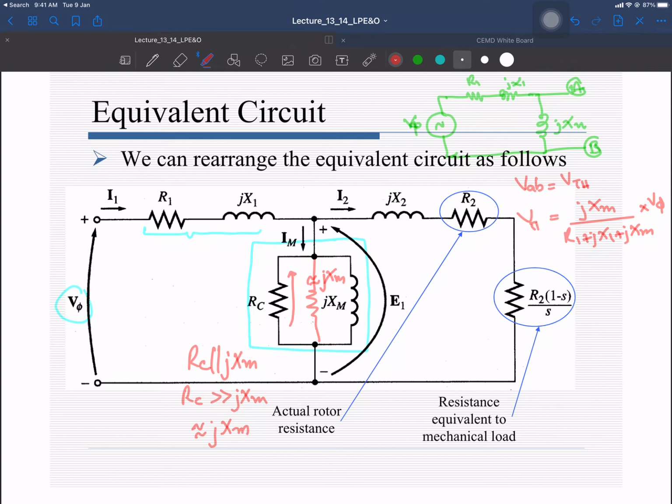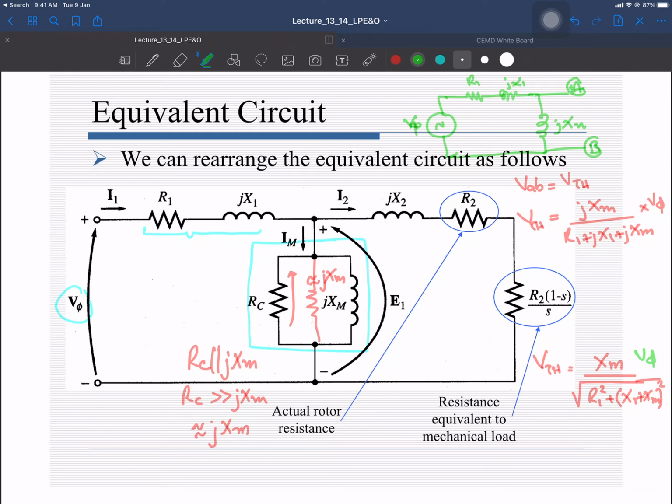In magnitude form I can write it like this: V Thevenin is equal to the magnitude of the numerator, XM, divided by the magnitude of the denominator, that is square root of R1 square plus (X1 plus XM) whole square, into V phase.